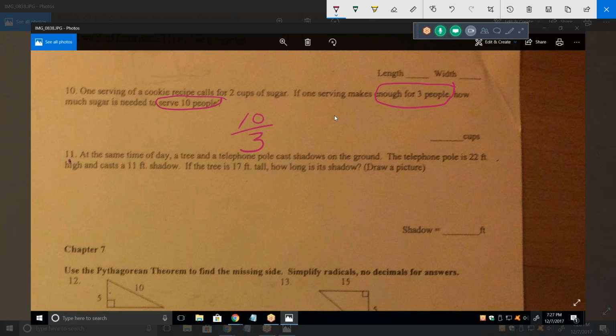In other words, this is how many more people. We're going to have to serve 10/3 more than 1. So how many cups of sugar is in one serving? So we're going to have to multiply 2 by 10/3, the ratio of the 10 people versus 3 people. That gives you 20/3 cups of sugar.